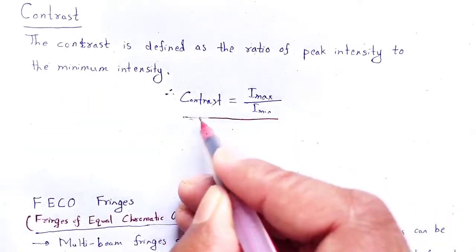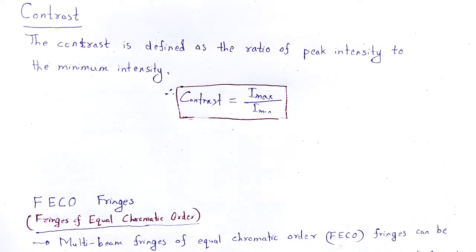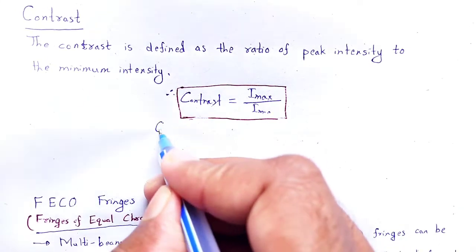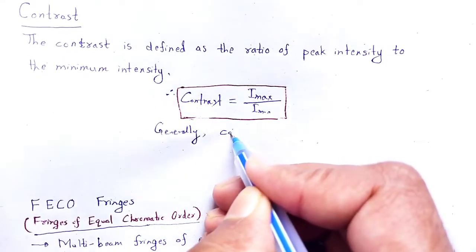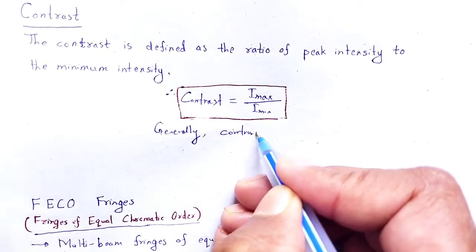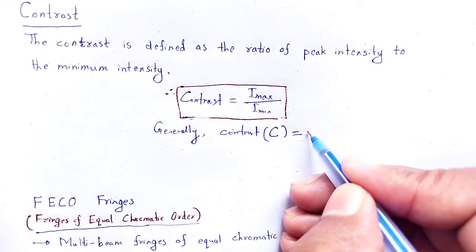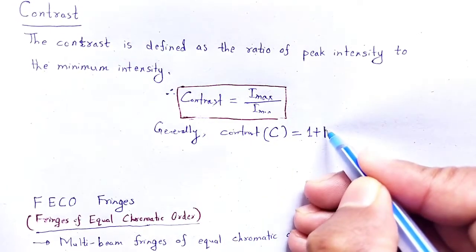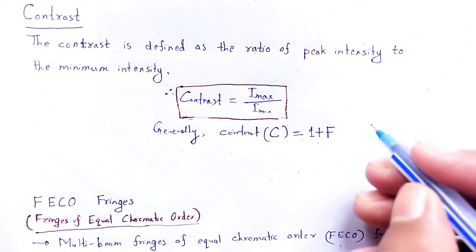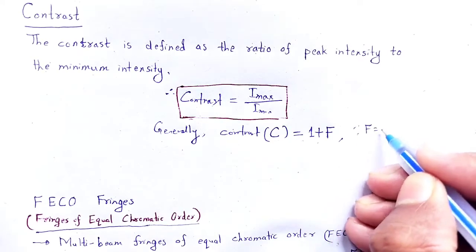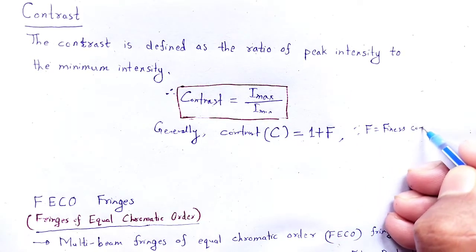Generally contrast C is also written as 1 plus F, in terms of finesse coefficient, where F is the finesse coefficient.